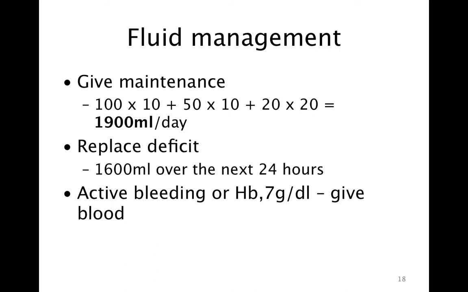If his post-operative FBC, that means full blood count, shows hemoglobin of less than 7 grams per deciliter, or he is continuing to bleed, some of this replacement fluid will need to be in the form of blood transfusion and the rest as normal saline.